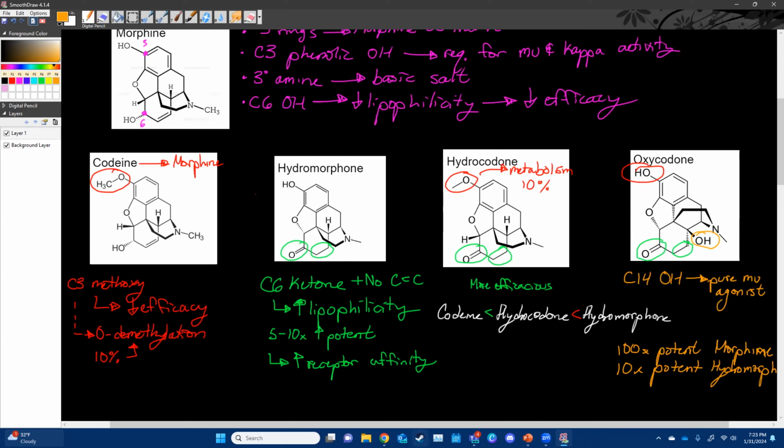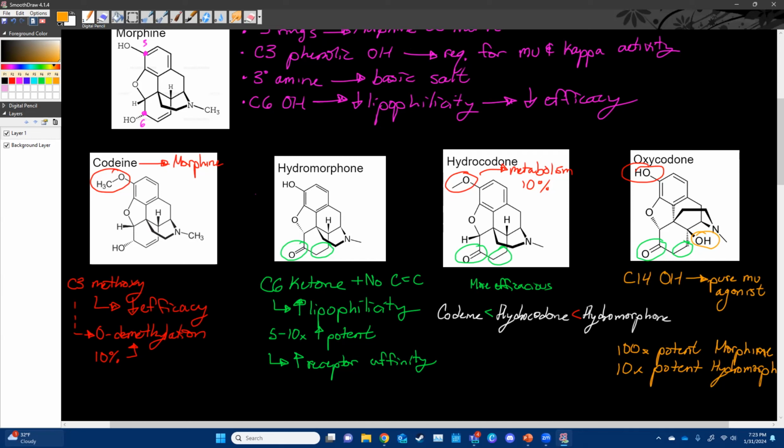Why is it more potent than hydromorphone? Because we have that increased affinity or exclusive mu receptor agonist activity. So, part of it won't be going to the kappa receptor. It's only going to stick to the mu receptor.